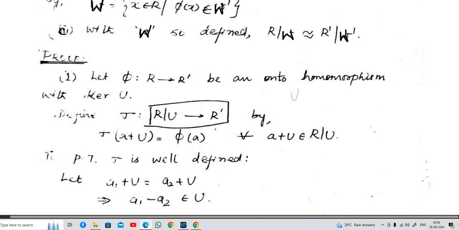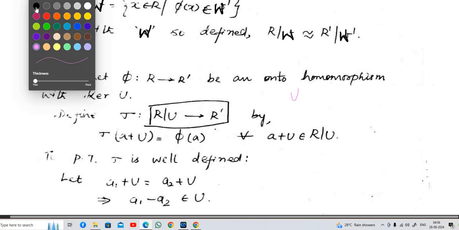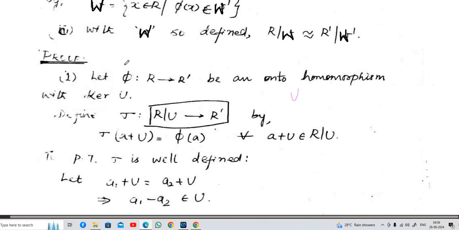Here U is nothing but all those elements A in R, the domain of phi, such that the image of A under phi is the additive identity of the codomain. So U is nothing but the kernel of your homomorphism phi. So this is kernel phi.